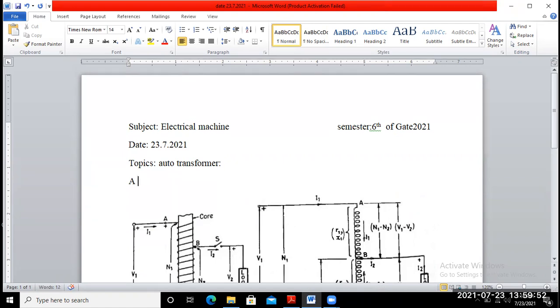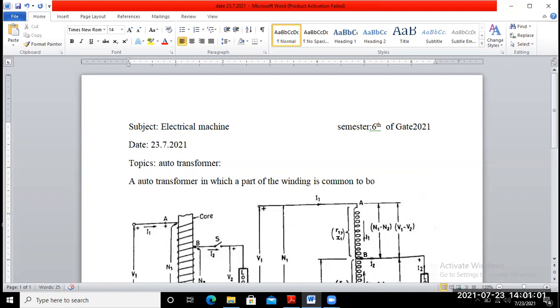An auto transformer is one in which a part of the winding is common to both the primary and secondary winding.